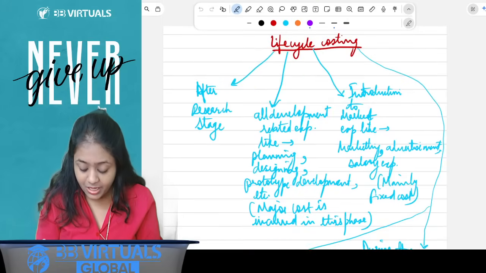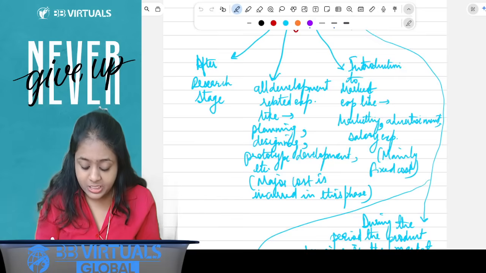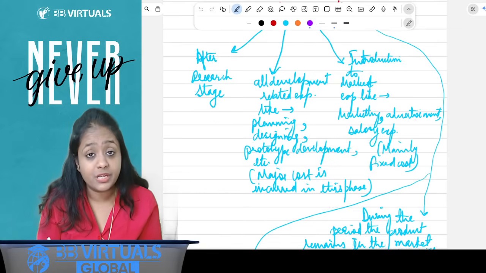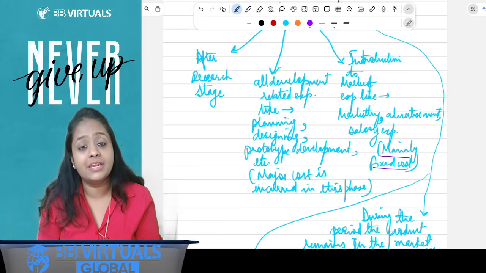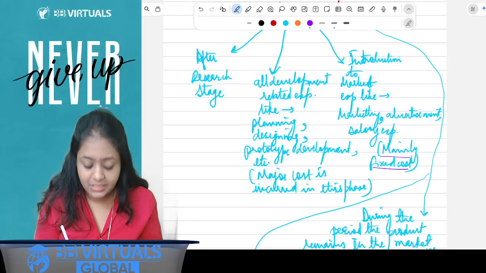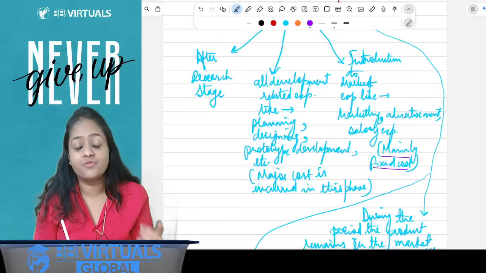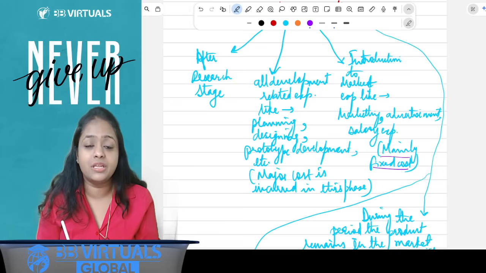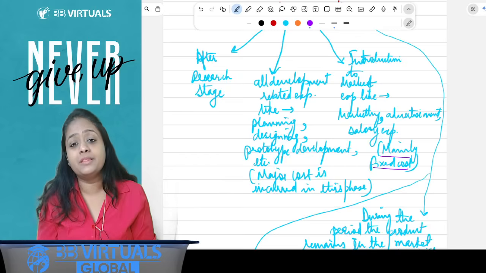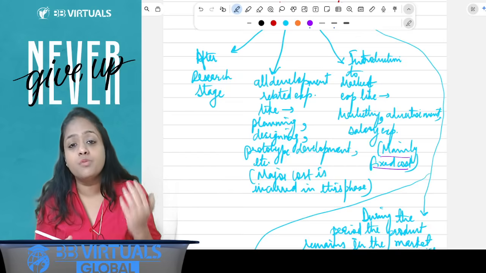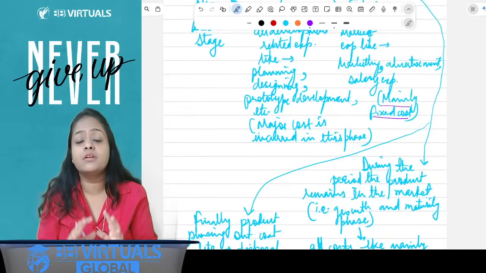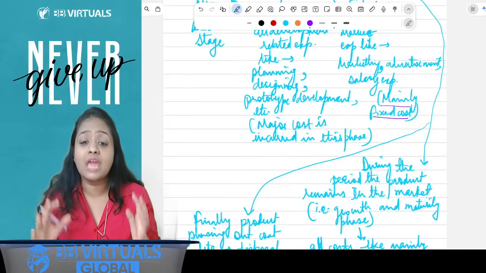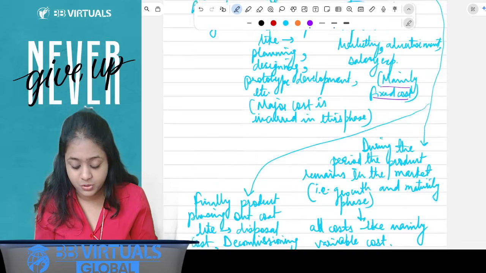Next is the introduction to the market, with expenses like marketing, advertisement, salary expenses, which are mainly fixed costs that get incurred here. In fact, in the development phase, we have fixed cost and non-current cost also, because we're developing the capex, which also gets more in the introduction phase. So the introduction phase is all about incurring more fixed cost, heavily in marketing and advertisement.